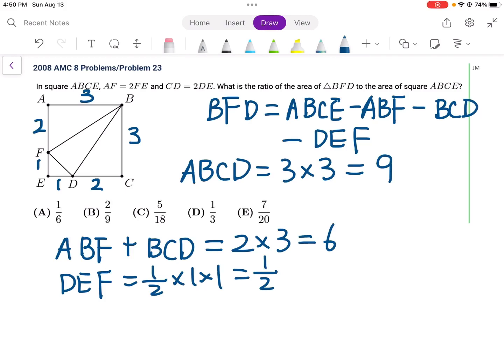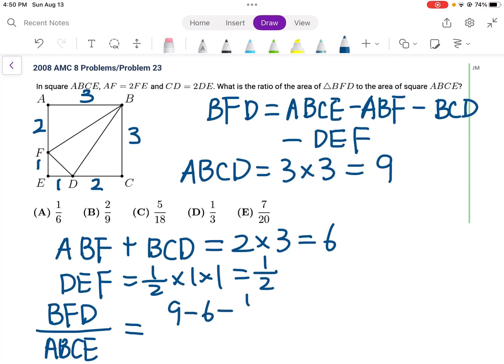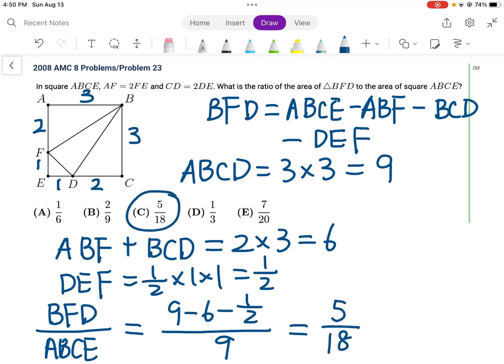Therefore, BFD divided by the total area of the square ABCE can be calculated by 9 subtract 6 subtract 1/2, divided by 9, and we simplify this to get 5/18. So the answer is C.